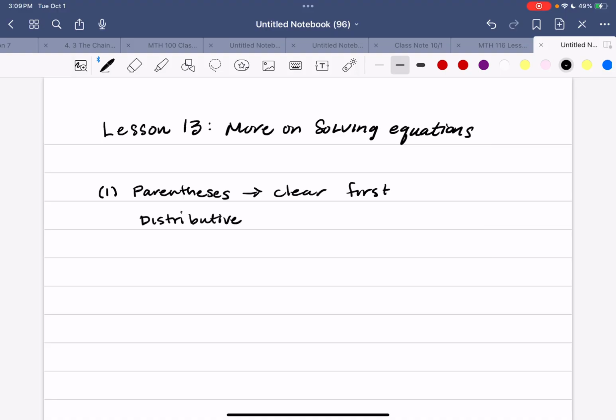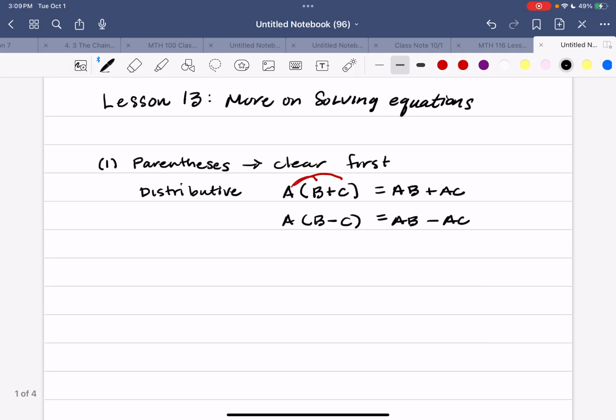What that means is if you have a number out front times an addition or a subtraction, you're going to distribute by multiplying this outer number times each number on the inside. So that's going to be A times B plus A times C, and in this case, with the subtraction, A times B minus A times C. So we're always going to do this first.